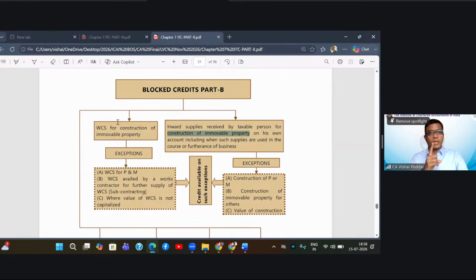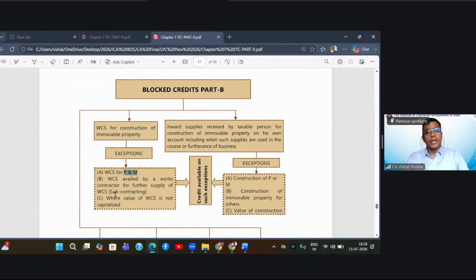Point number one, where I am constructing something for myself, not for sale, because if it is for sale, credit is allowed. But when I'm constructing it for myself, and that construction is of plant and machinery, so even though plant and machinery may be immobile, still the credit is allowed. So if I'm getting plant and machinery constructed, the credit will be allowed.